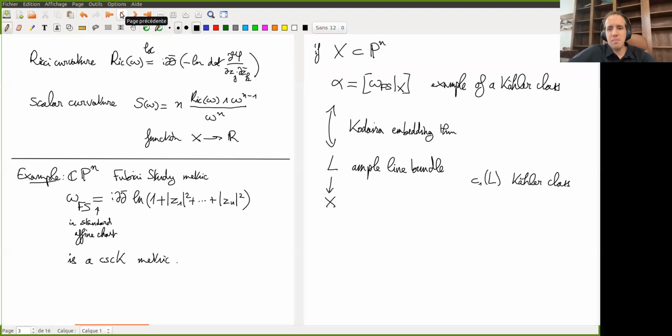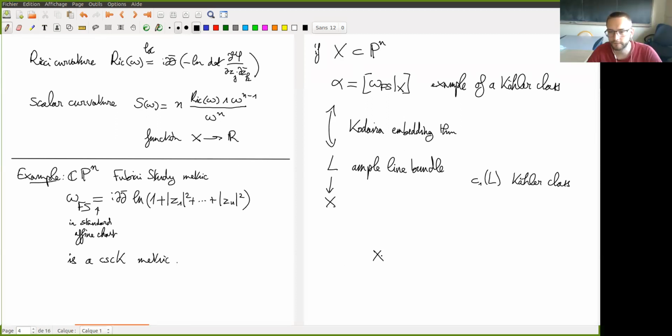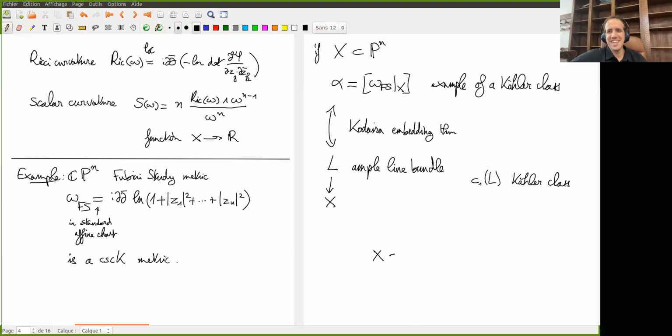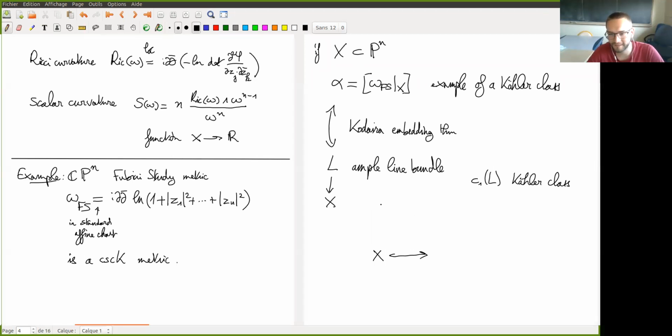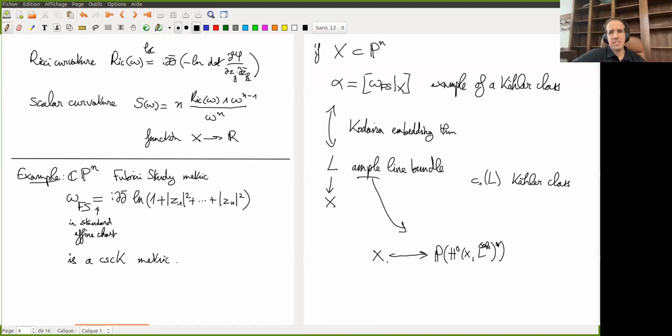Here ample means that some power of this bundle has sections that are sufficiently independent so that they give you an embedding into projective space. Exactly. So there are two definitions of ample. One is saying that c1 of L is a Kähler class, which would be the shortcut. The other is what you said: if you take the dual of the sections of some large power of L, then you can embed X into projective space, an explicit realization of X inside some projective space.